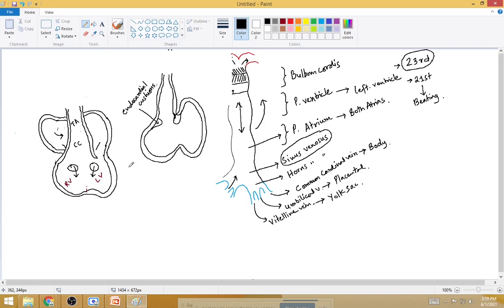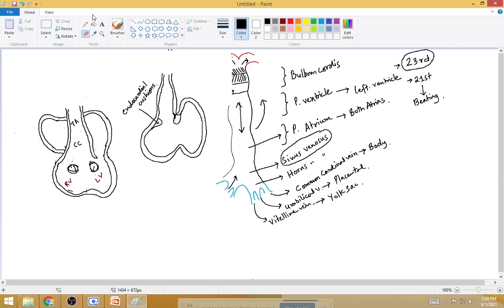One endocardial cushion will come from here, another endocardial cushion will come from here. When both of them get elongated and fuse, now the atria are separately communicating with the individual ventricles. Till here, is it okay?